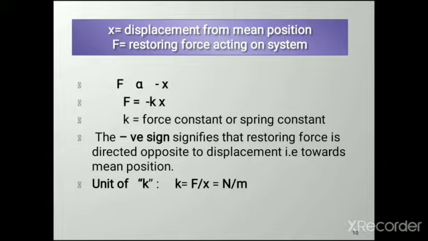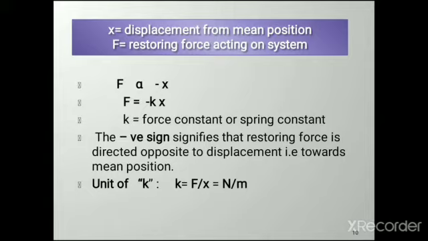We will get F = -kx. Here, k is a force constant or spring constant. The negative sign signifies that restoring force is directed opposite to the displacement, that is towards mean position.